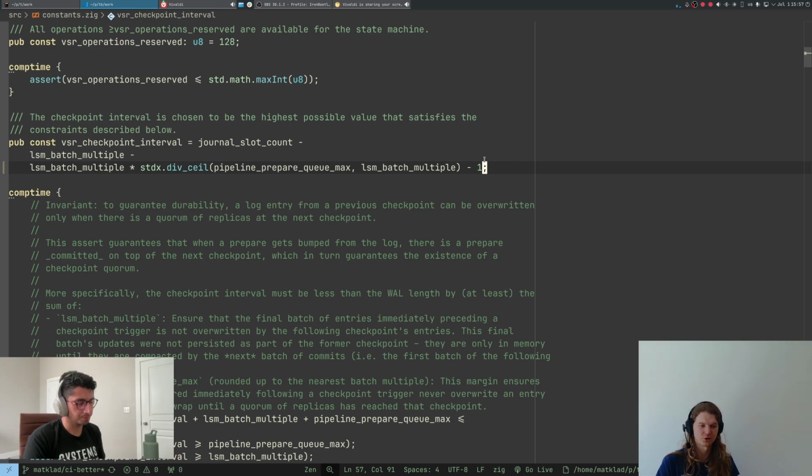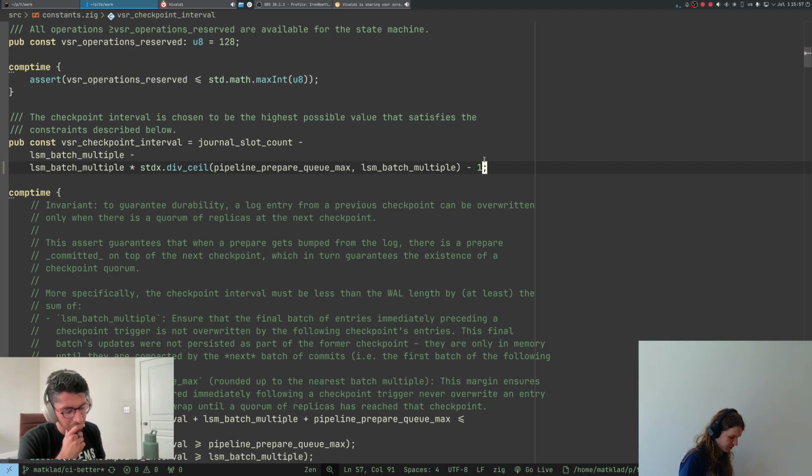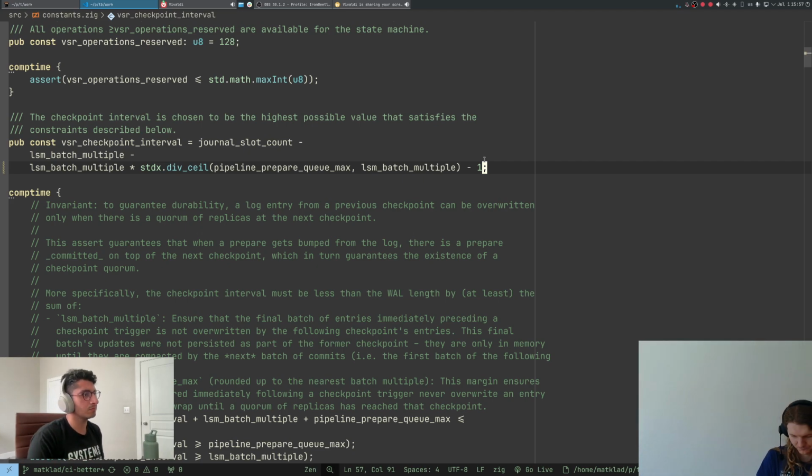So it mirrors the idea of doing checkpoints asynchronously. I think the fix here is slightly different.